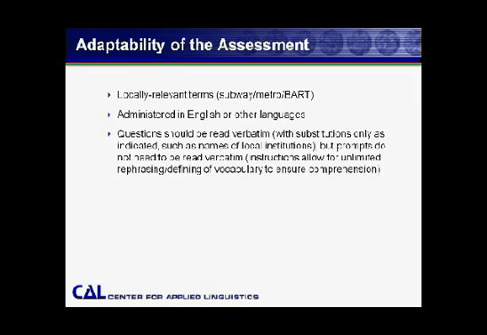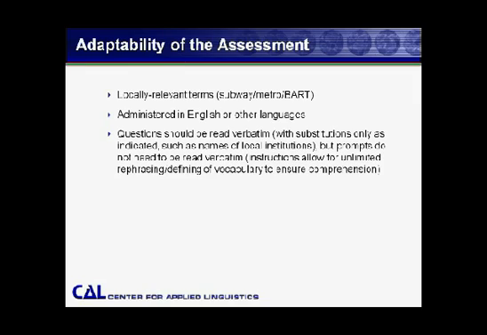You have to be careful not to give away the answers, but we definitely don't want anybody to get a question wrong because they didn't understand the question or they didn't know a word in the question. So you can rephrase or define vocabulary to ensure comprehension.